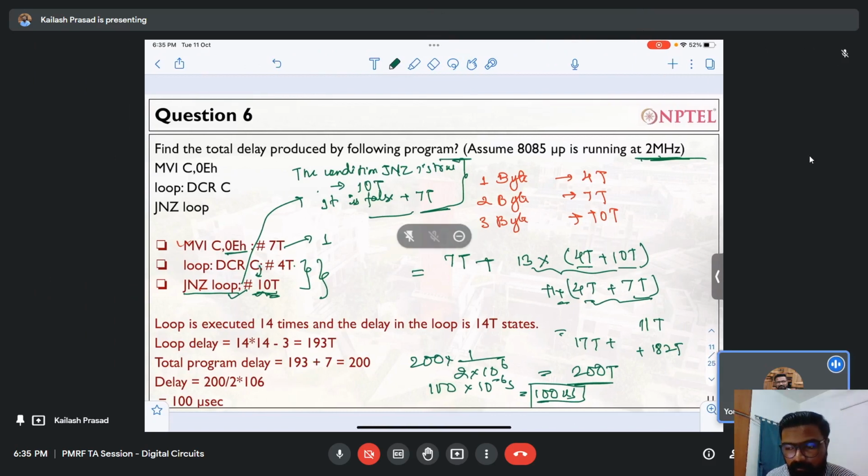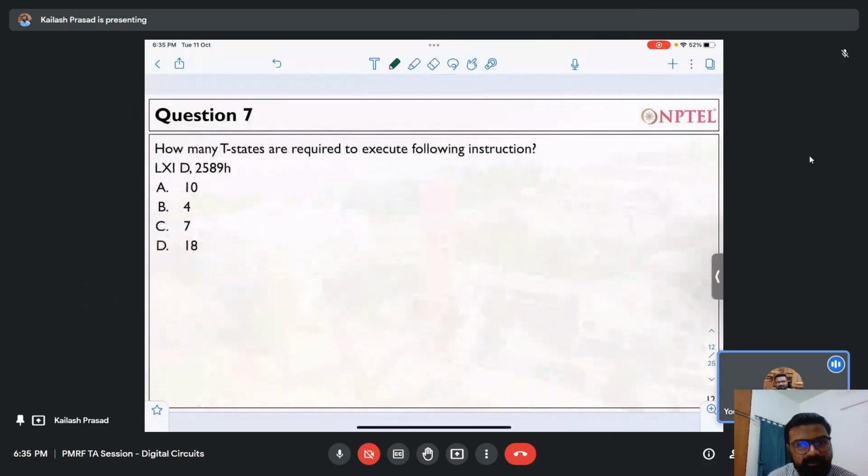So I will go to the next question, again a very simple one. How many T states are required to execute the following instruction? It is an LXI instruction. Anybody knows the answer? How many byte instruction is it?